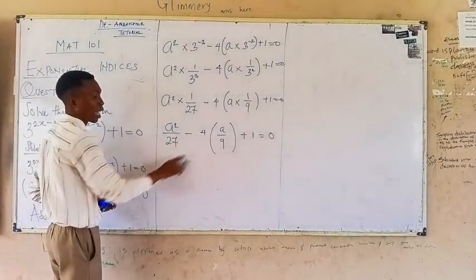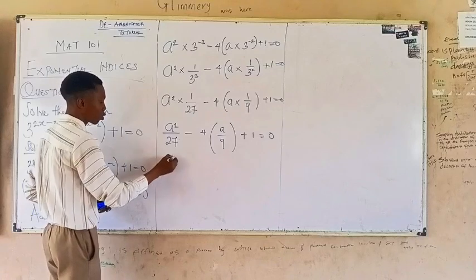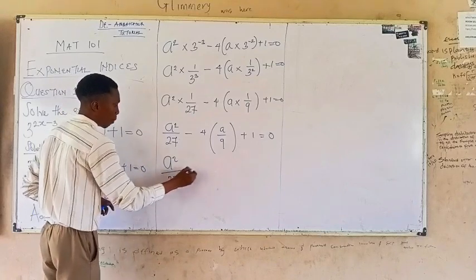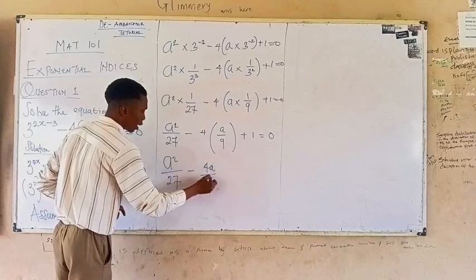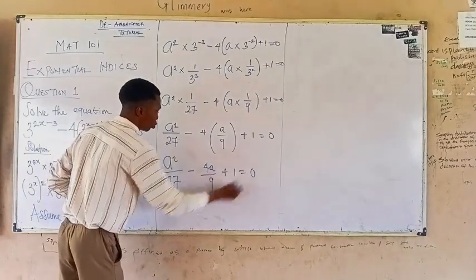This 4 can multiply the a, so I have a squared over 27 minus 4a over 9 plus 1 equals 0.